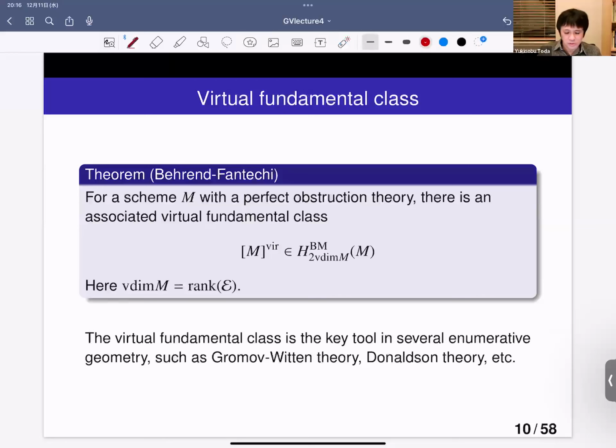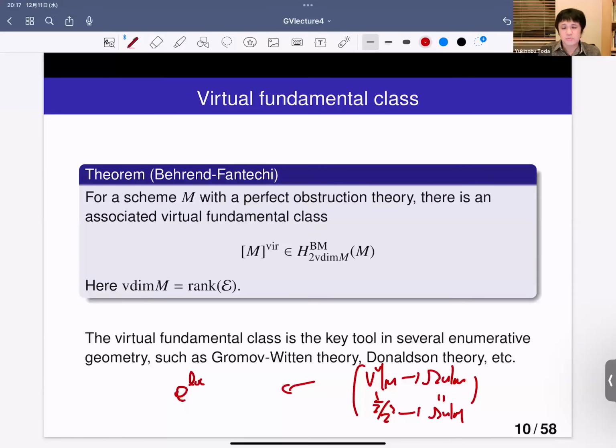In the local setting, if the perfect obstruction theory is given by this, like V dual to n, then we can consider the localized Euler class, as I explained. And so this is the partial fundamental class.